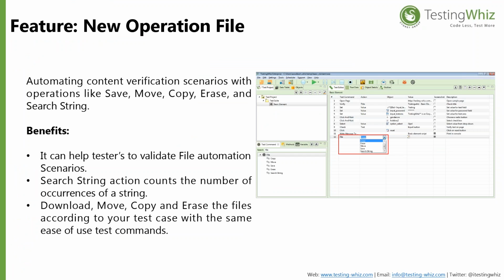It helps testers to validate file automation scenarios, or if you want to search for any string in a particular file, you can also do that. You can easily get the string occurrence count, so the number of occurrences in the string can be seen. Or if you want to download any particular files, you can easily do that.